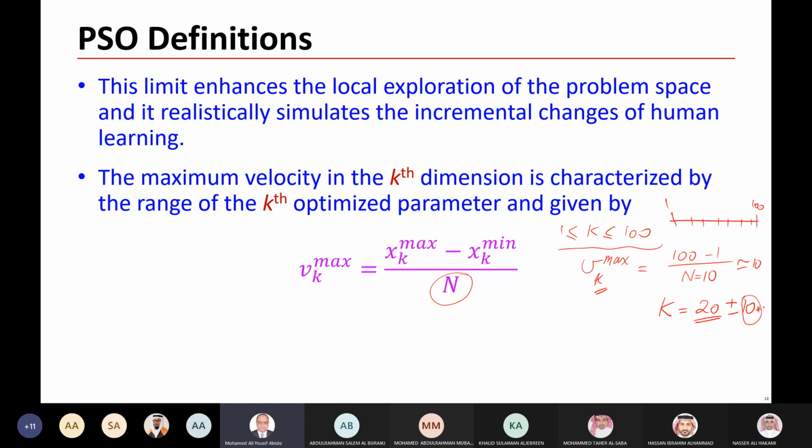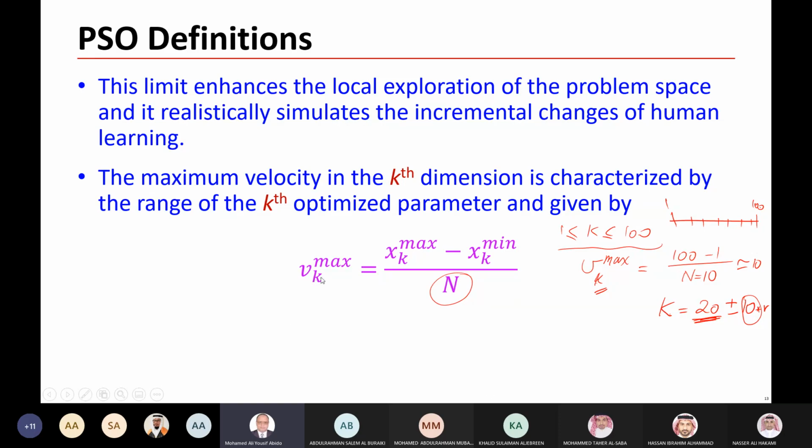This 10 is multiplied by a factor which is less than 1. If you assume it's a random number, this could be 0, plus 5, minus 2, minus 3, any number between plus and minus 10. So this is the movement of the particle at that position.